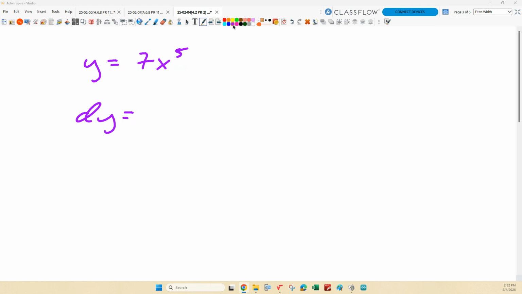Right, because there's how many layers on this side? There's 2. I've got something to the 5th is the first layer, and inside that I've got an x. So that's going to give me 35x to the 4th times my next layer is going to be dx. When I look inside the power, I've got an x. Everybody see that? So you can calculate differential derivatives just with chain rule too.